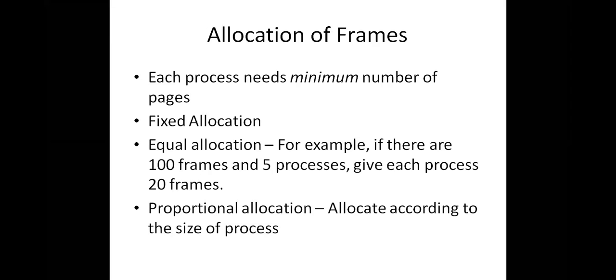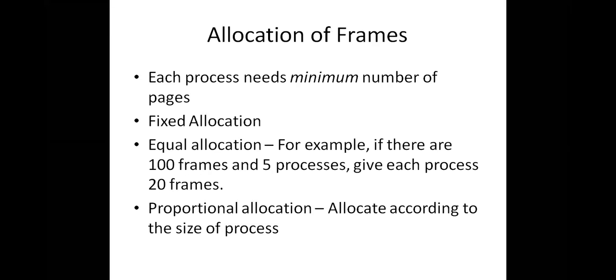Why? Because if the process is small, you are allocating 20 frames, for example, and one more process is there, a big process, and you are allocating 20 frames even for that second process. The big process requires more frames, but you are allocating 20.